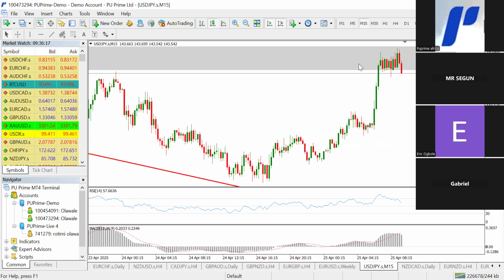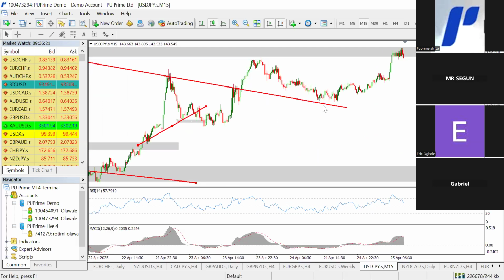And on the 15 minutes, we're already seeing some reaction, possibly trying to reverse. But then I'm not seeing a clear entry at this point.